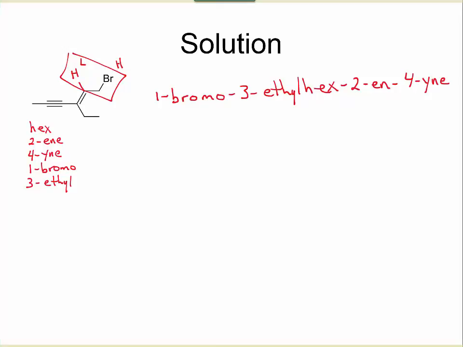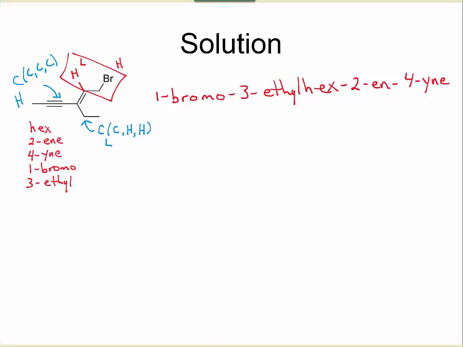And when I look at the substituents on the other side, I have a carbon bonded to a carbon and 2 H's, and I'm comparing that to a carbon that is bonded as a triple bond, which counts as 3 bonds to carbon. This is going to be my high priority group, and the ethyl will be my low priority group. The high priority groups are across from each other, and that makes this an E alkene.